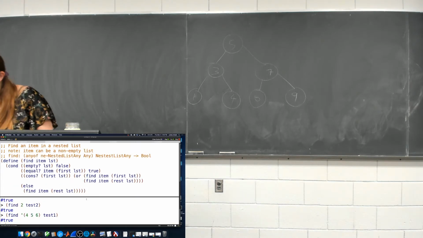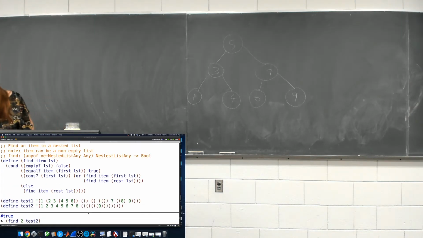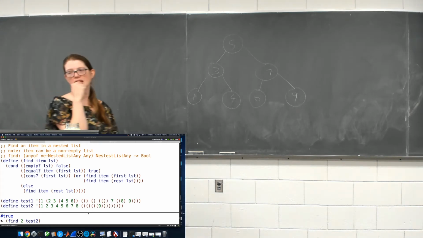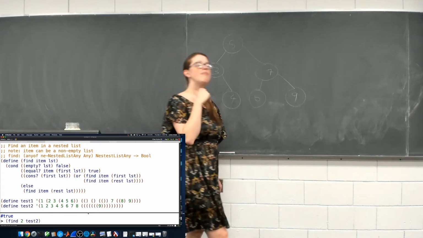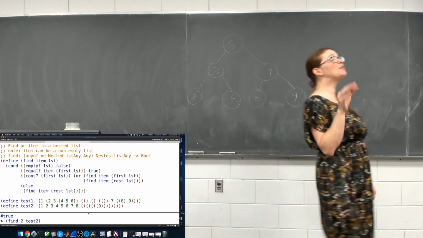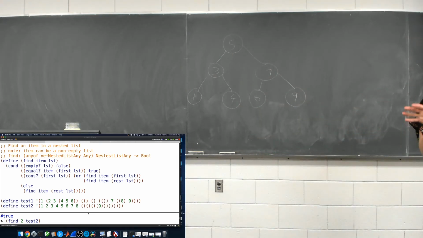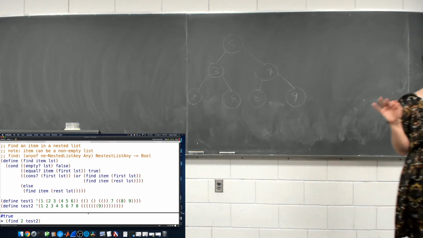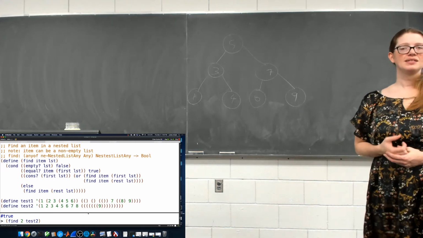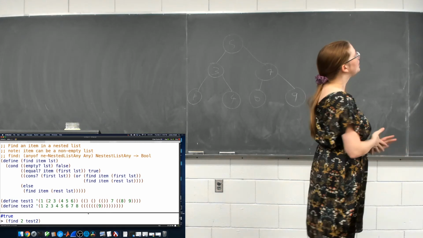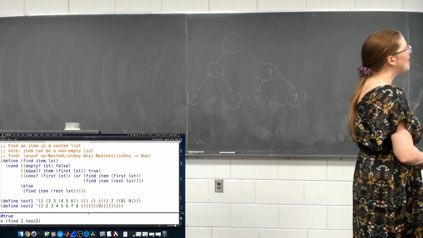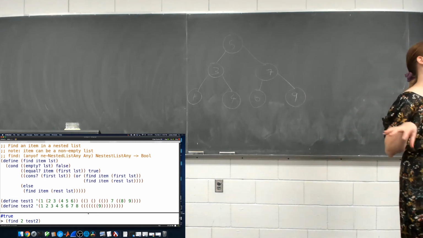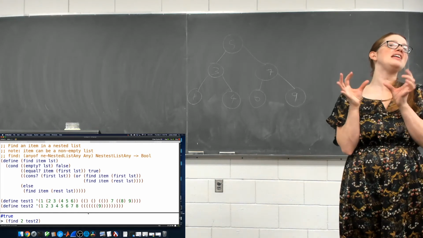There's my solution. So first off, I'm making the requirement that whatever it is I'm searching for in the list has to be non-empty. So I'm not permitting myself to search for empty things. That doesn't make sense. Otherwise, I need to determine if this item exists in the list, but the item can be of any type.